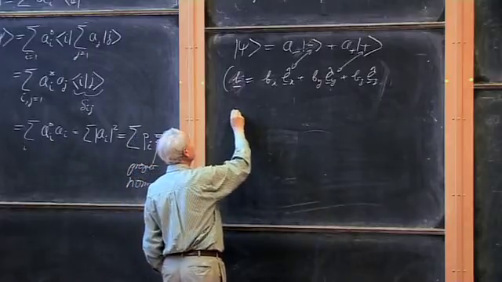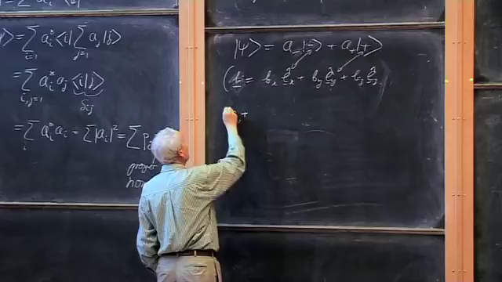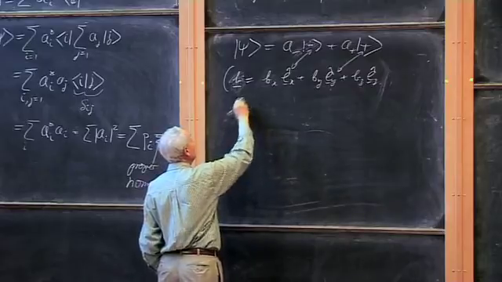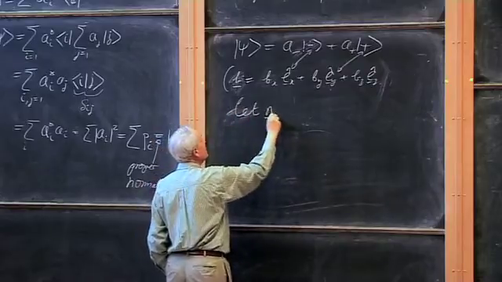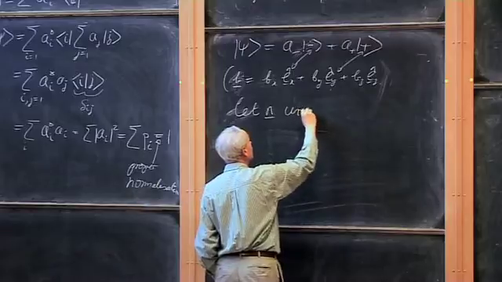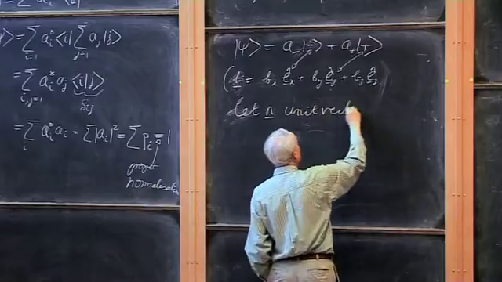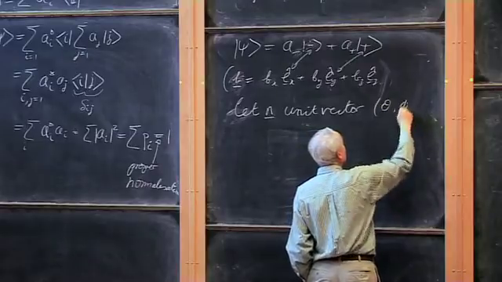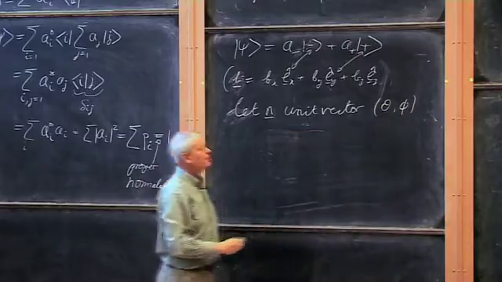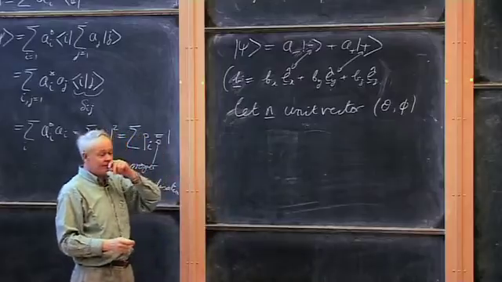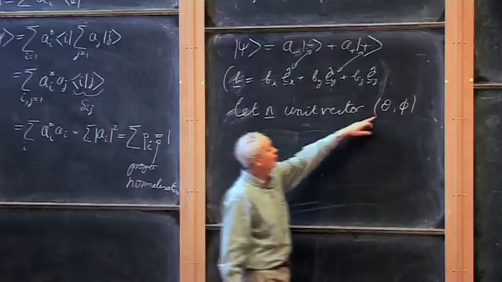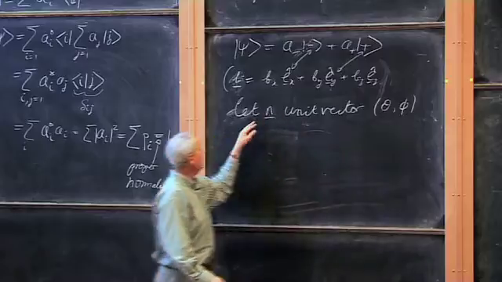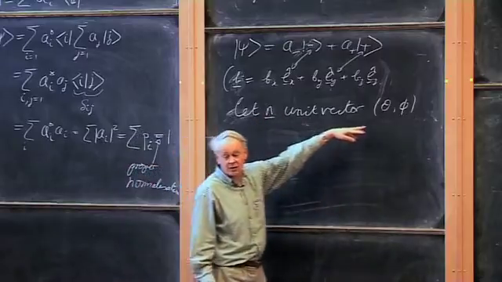So if we have a unit vector n, let n be a unit vector in the direction theta and phi. These are regular polar coordinates which are defining a direction by pointing to a place on the unit sphere, and let n be the unit vector that points in that direction.